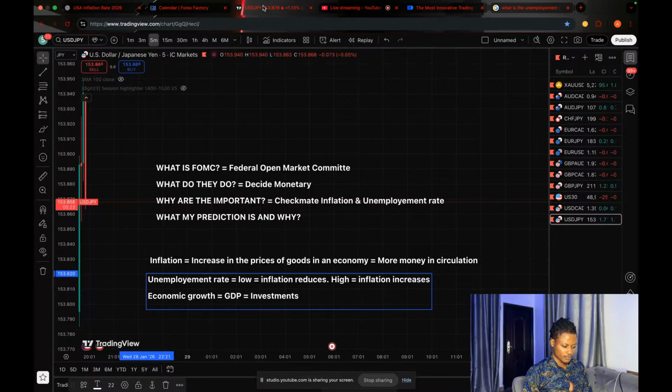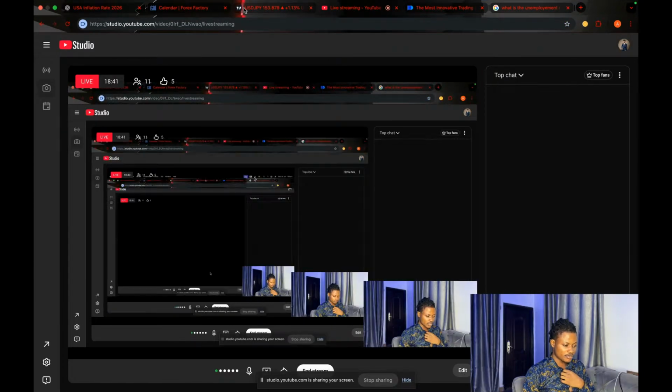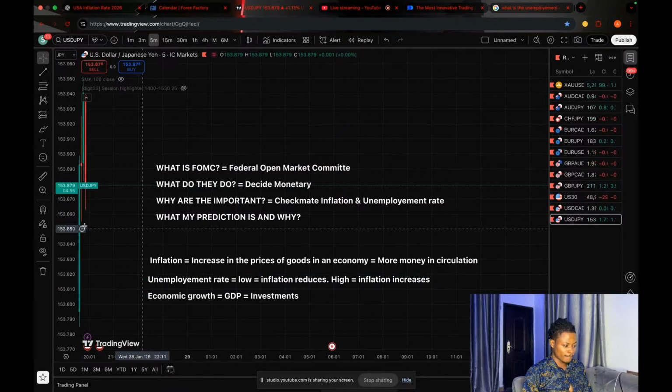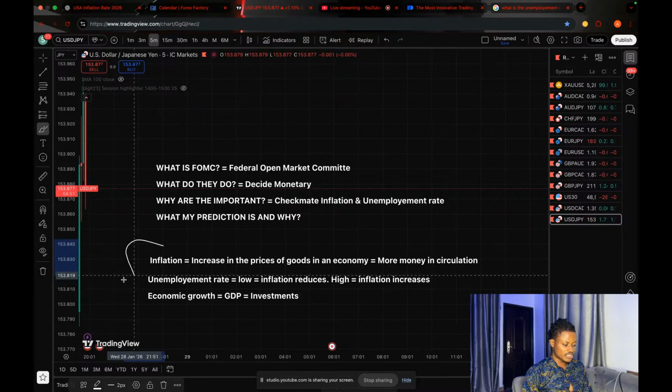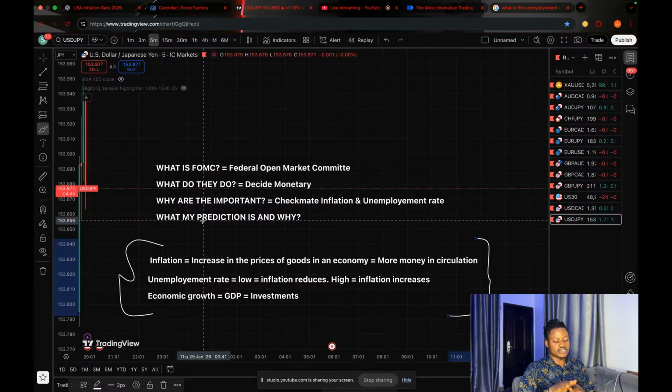They monitor unemployment rates, and they monitor economic growth. So with these three things, they decide if they are going to increase or decrease interest rates. If inflation is high, they will do it like this. If inflation is low, they will do it like this.